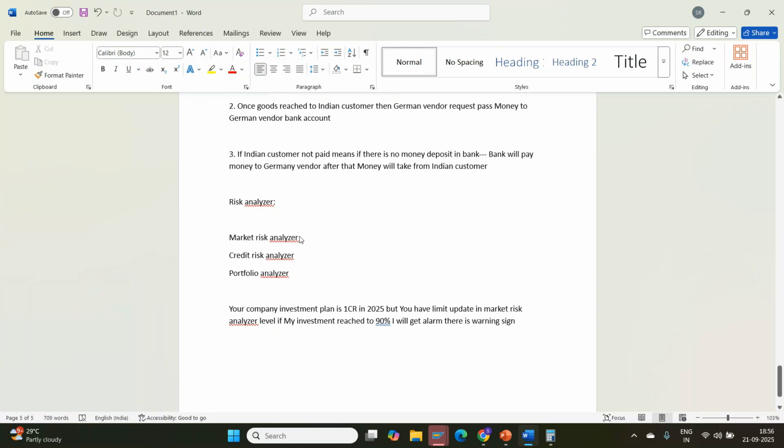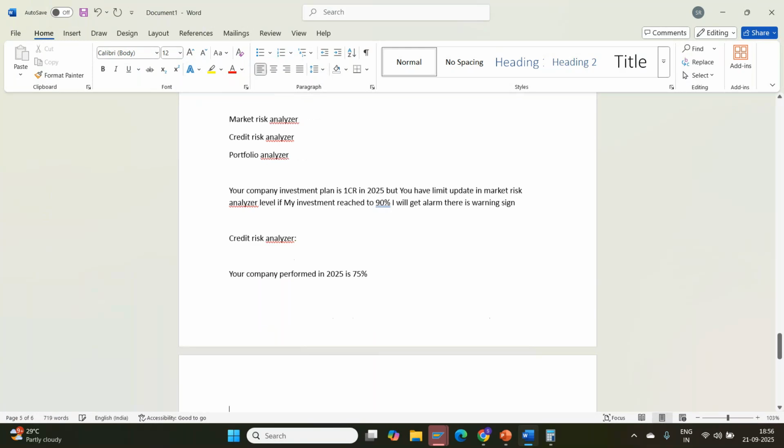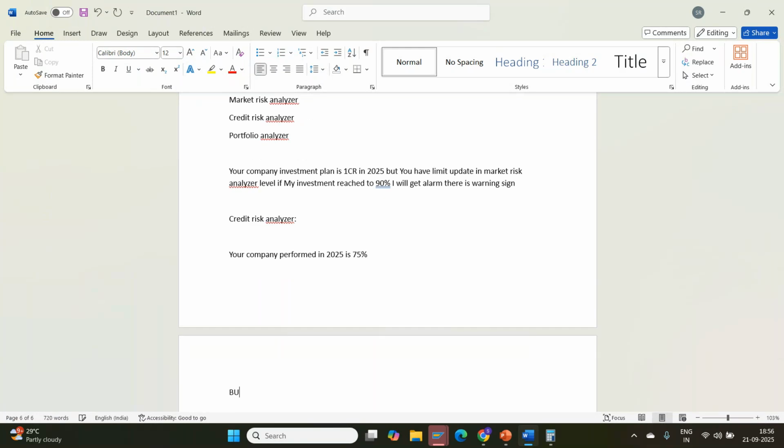Second thing, credit risk analyzer. Your company performance in 2025 is 75%, but your company performance in 2026 is 60%.